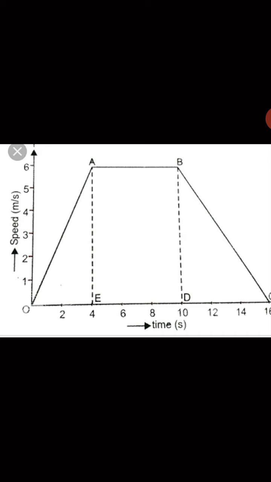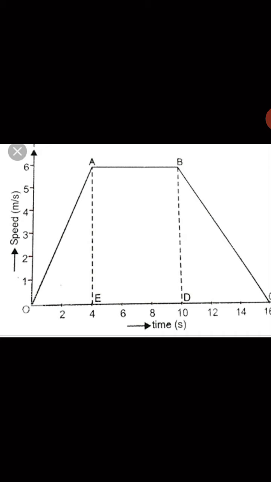If we want to know the time for deceleration of the object, we have to see the duration between point B and C, because BC is the line which shows deceleration of the object.